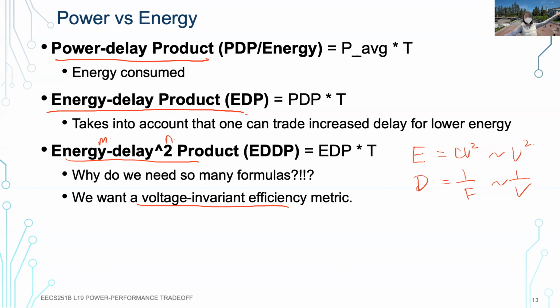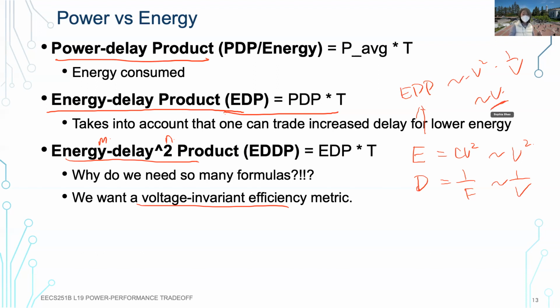The problem is, if we just do the energy delay product, it will be V squared for energy and 1 over V for performance, so it will be highly dependent on voltage. What people find is that sometimes we spend a lot of effort on architectural or circuit optimization to get a better energy delay, but if you just switch voltage, we actually get a better benefit, because voltage is such a powerful tool for trading off in this space.